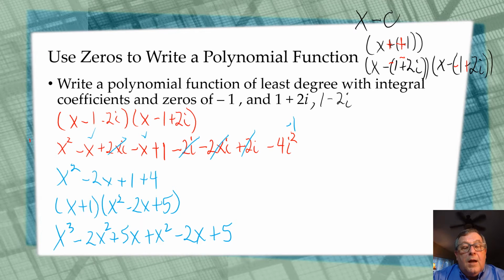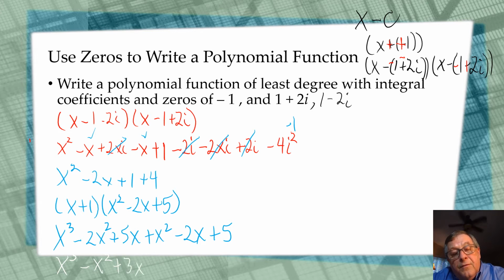So let's see, what kind of like terms can we combine here? I've got x cubed. That makes sense. I had 3 factors, right? I've got a negative 2x squared and a positive x squared. So that's going to be negative x squared. I've got a plus 5x and a negative 2x. And so that's going to be plus 3x.